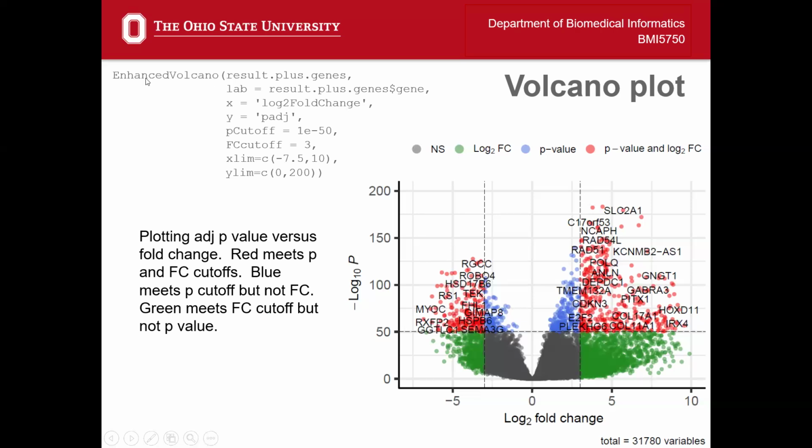We use a package called EnhancedVolcano to plot this. There are some options. You can have gene symbols labeled or not. I'll show that. You can adjust the p-value cutoff. You can adjust those fold change cutoffs. There are so many options with EnhancedVolcano that's why I use this package.